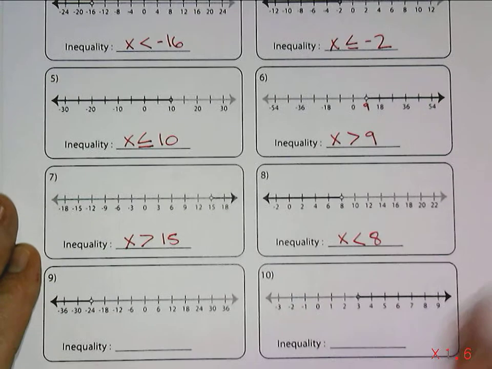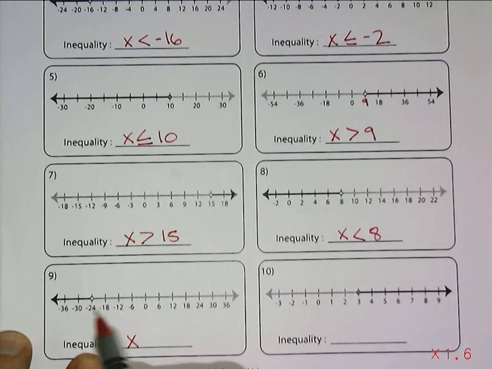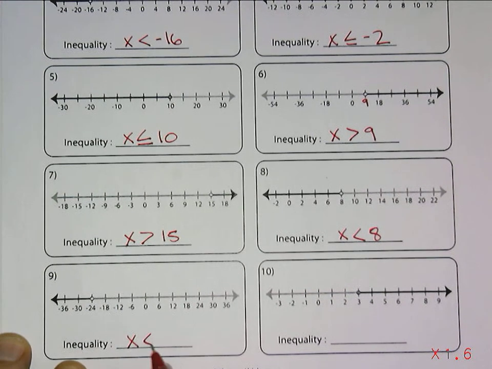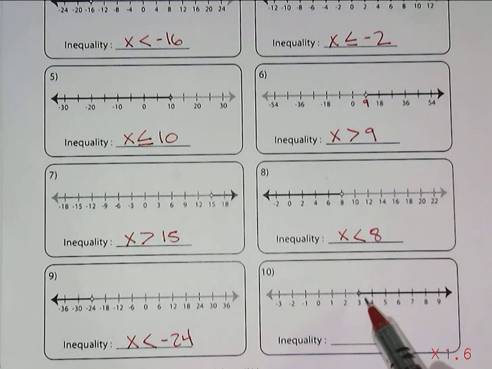And then an open circle, x is to the left, less than negative 24. And it's an open circle, so it's just the less than symbol. And then a shaded in circle at 3, so x is greater than or equal to 3. And that's how you write an inequality from what you see on a number line.